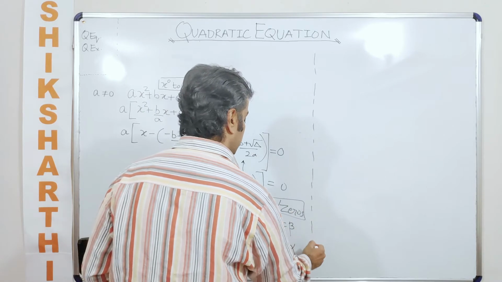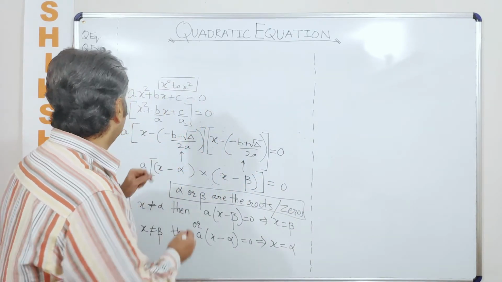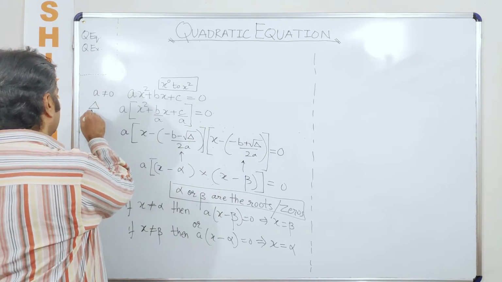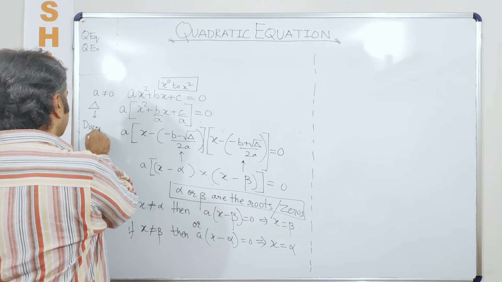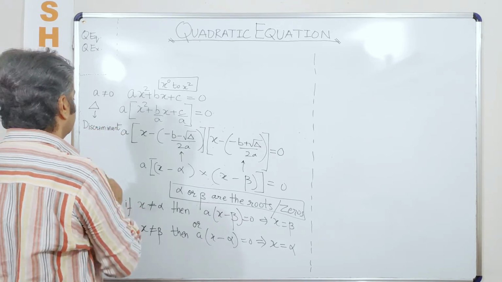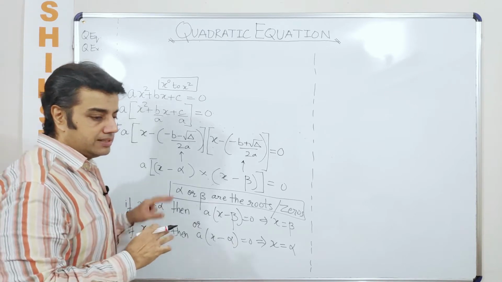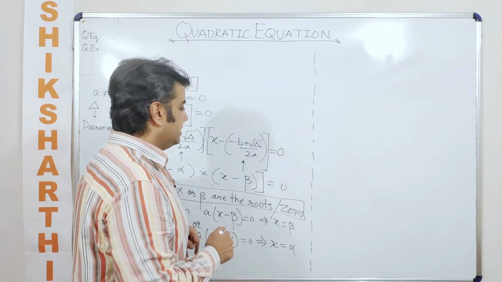Having said this, the next thing that I would like to talk about here is, now we know that delta is the discriminant, which we had already talked about. So this discriminant decides the nature of the roots. And why does it decide the nature of the roots?